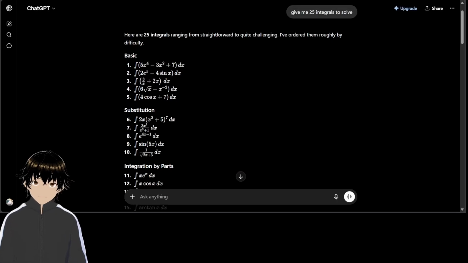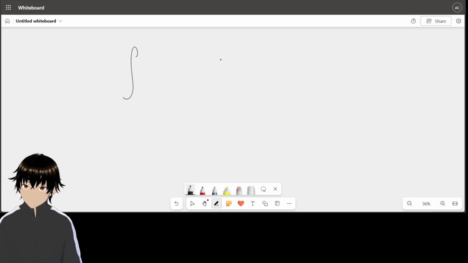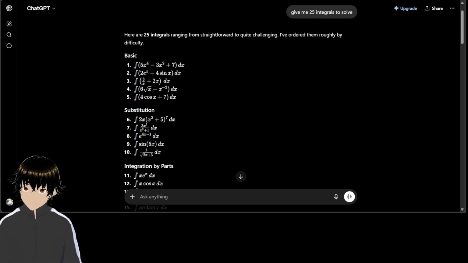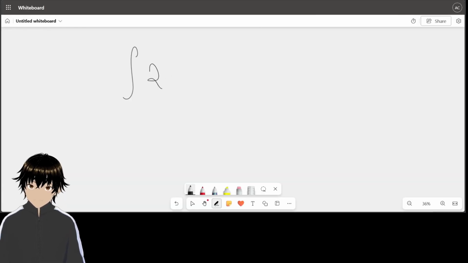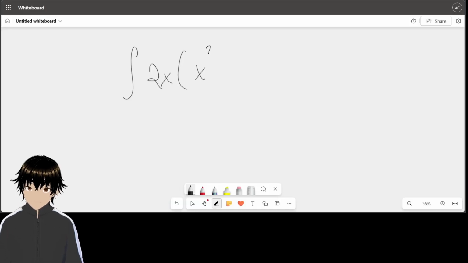Let me just copy it. So x squared plus 5 power 7 dx.